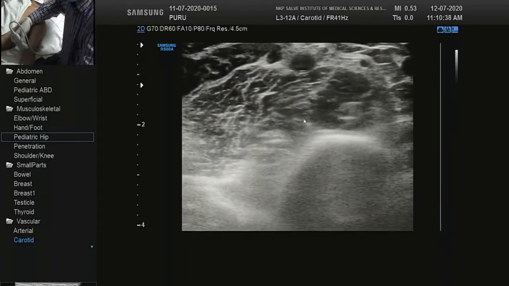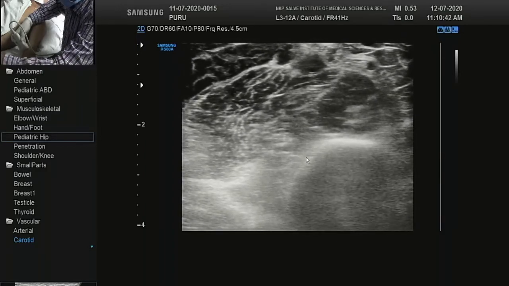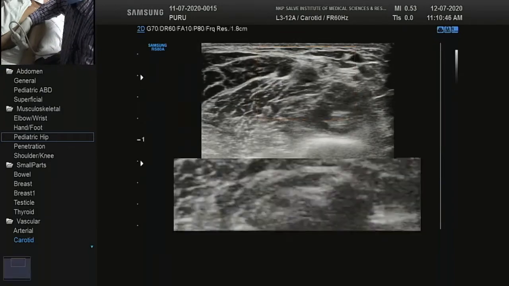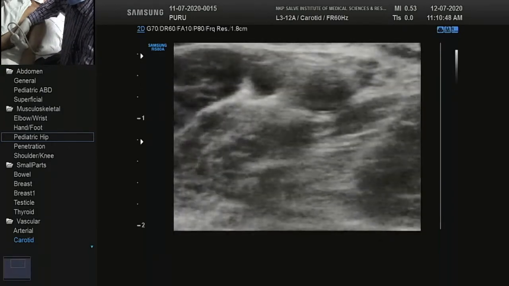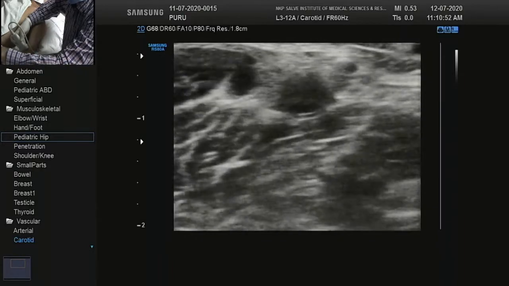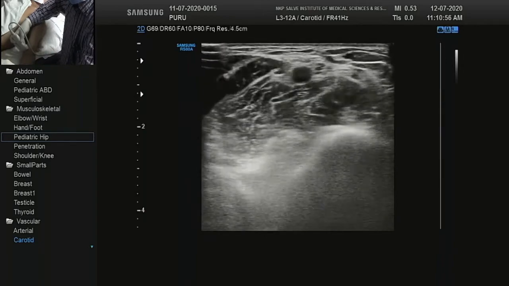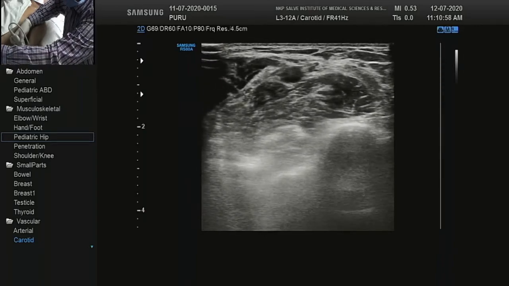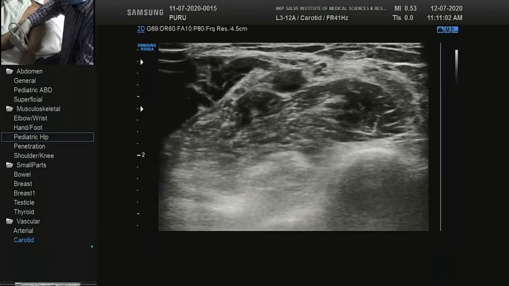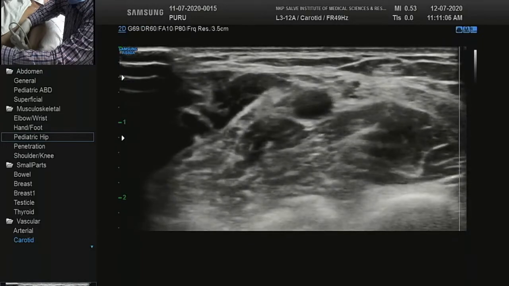I'll just magnify. Too much magnification hampers the quality. So we go back, do a real time, or you can reduce the depth to see it in a better fashion.